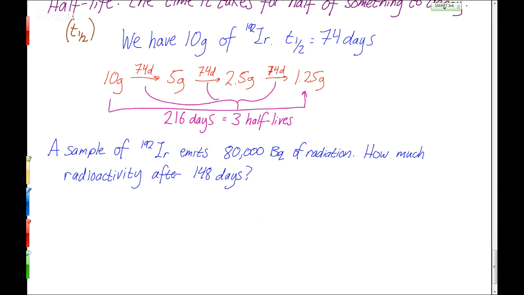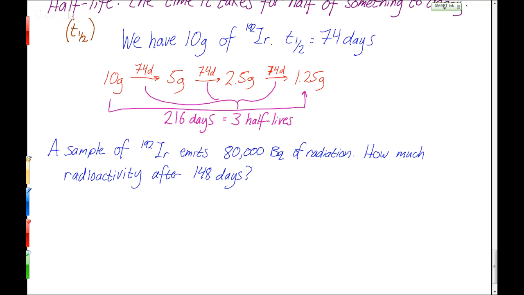We need to know how many half-lives there are in 148 days, so we know how many times we have to cut it in half. So how many half-lives are in 148 days? 2. Remember, if 1 half-life is 74, 2 half-lives is 148, because 74 plus 74 is 148. So you have to figure out how many half-lives are in that time frame that you're talking about.